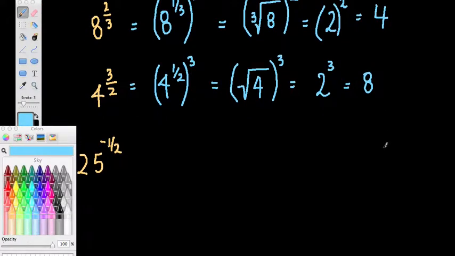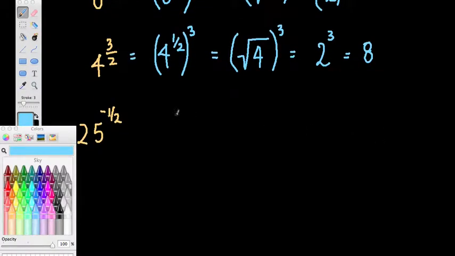This last one here is a bit of a nastier one, because look, we've got a negative index. So what I'm going to do first is change this so it's a positive index. Hopefully you can remember that from your negative indices. Oh, I have made a mistake. Maybe you noticed it before I did. 1 over 25, and it's a positive index now because we've moved it to the bottom, haven't we?